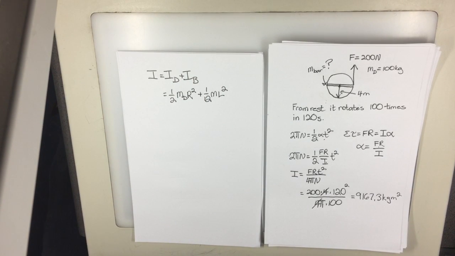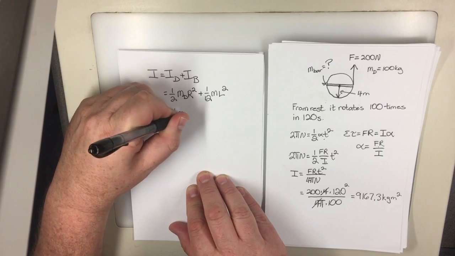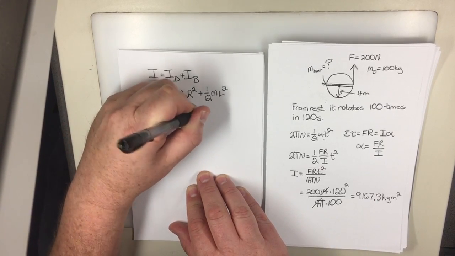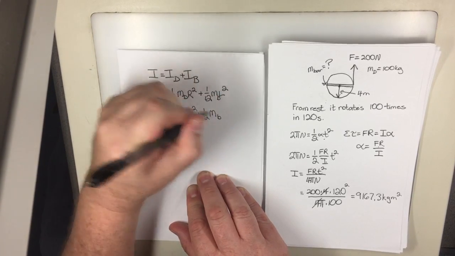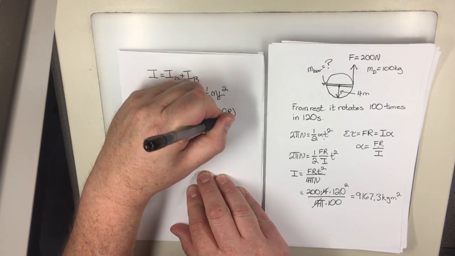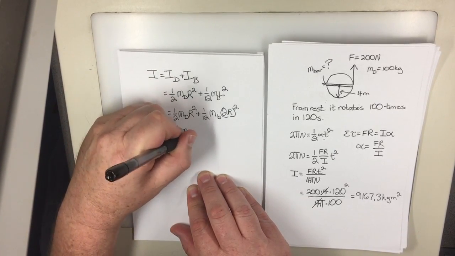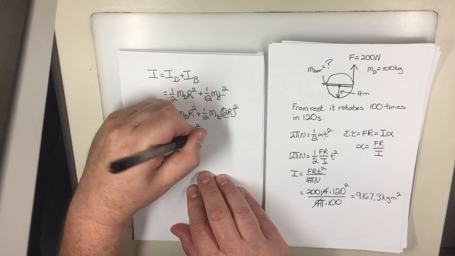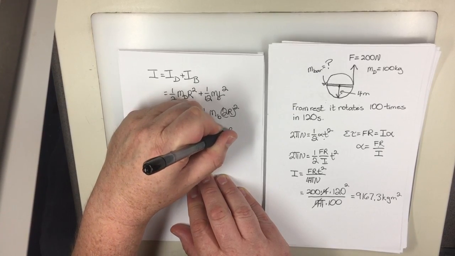L is the length of the bar. So if L is the length of the bar, what is it in terms of radius of the disk? 2r. So this becomes 1/2 m_d r squared plus 1/12 m, actually this is the bar, 2r squared. This becomes 1/2 m_d r squared plus 4/12 m_b r squared.